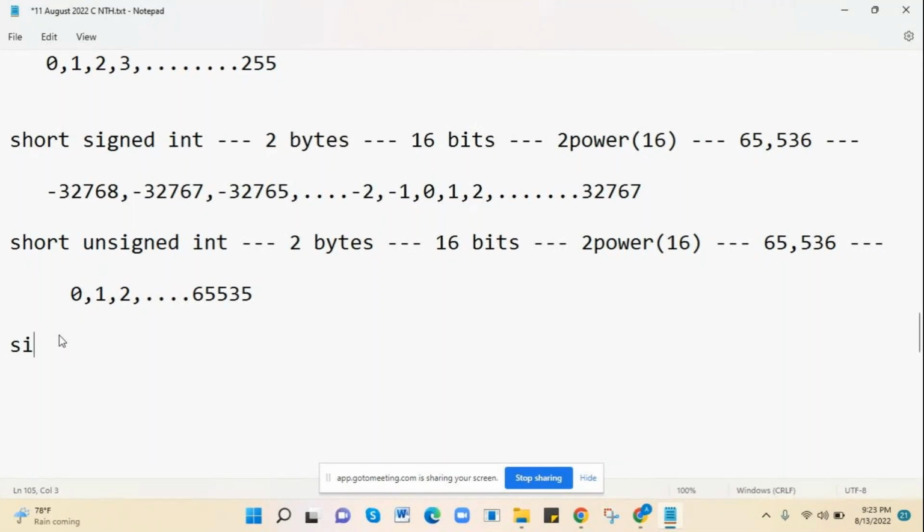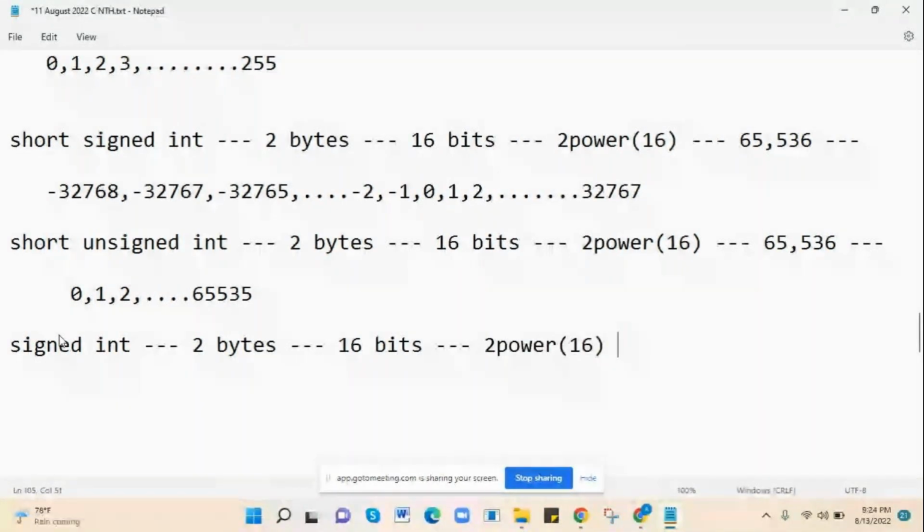The next one is signed int. Same, it is also 2 bytes. Signed int is nothing but 16 bits, which is nothing but 2 power 16. As all of you know, it is nothing but 65,536.